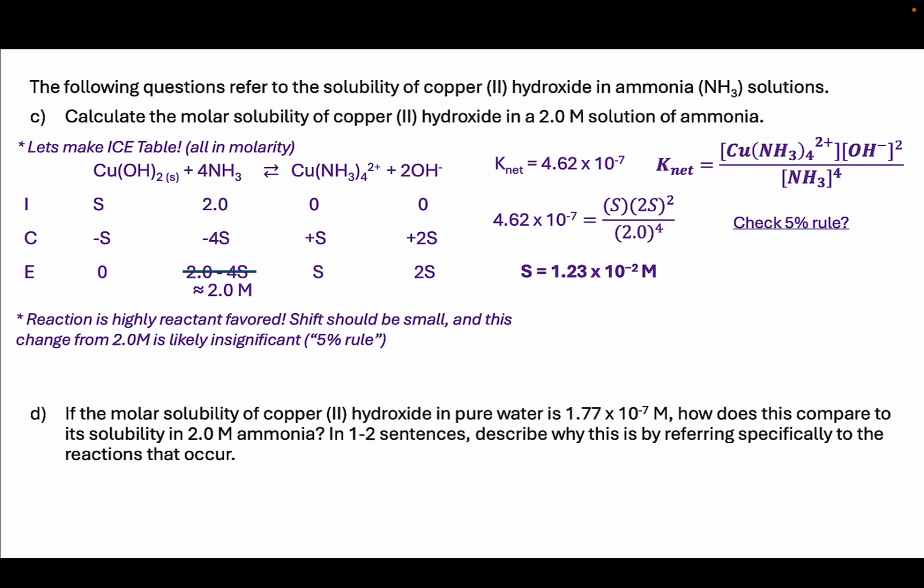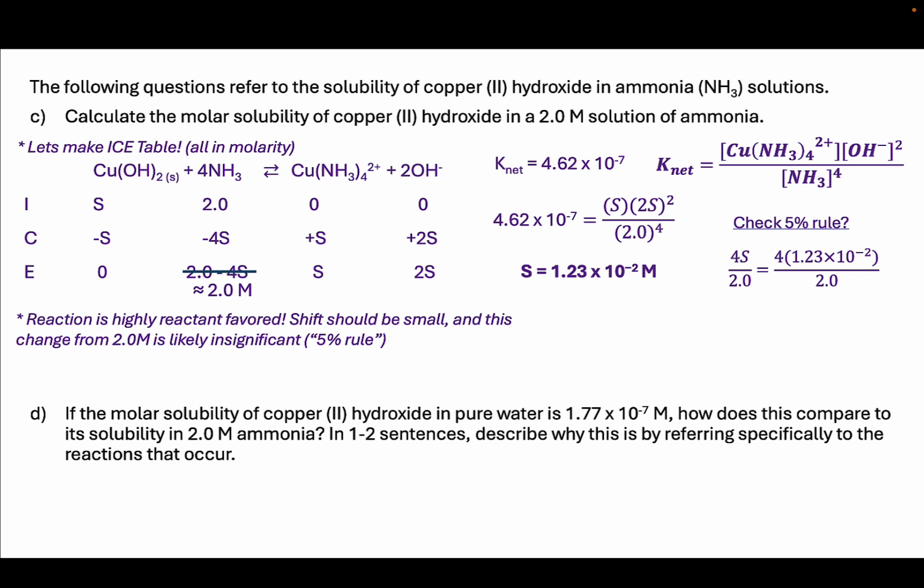But what about that 5% rule, right? Is 2 molar really pretty much equal to 2 minus 4S? Is 2 about equal to 2 minus 4S? And for this, let's check it, right? Let's say 4S divided by 2. This is essentially saying what fraction of 2 is 4S. And if this is less than 5%, we're going to be okay.